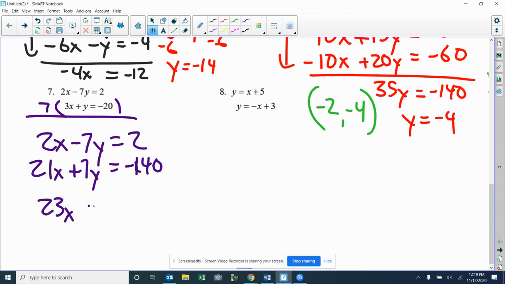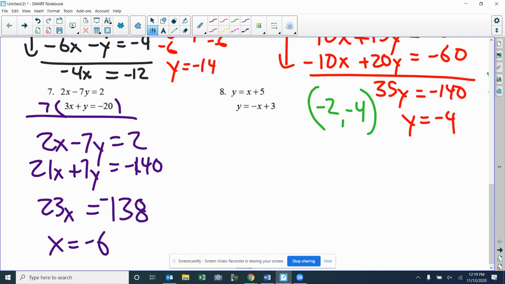23x, gone. -138. This look familiar? We just kind of had this one a little bit ago. If you notice 7 and I think 3, I think it might be the exact same problem. Divide by 23, and my x is what? -6, okay?